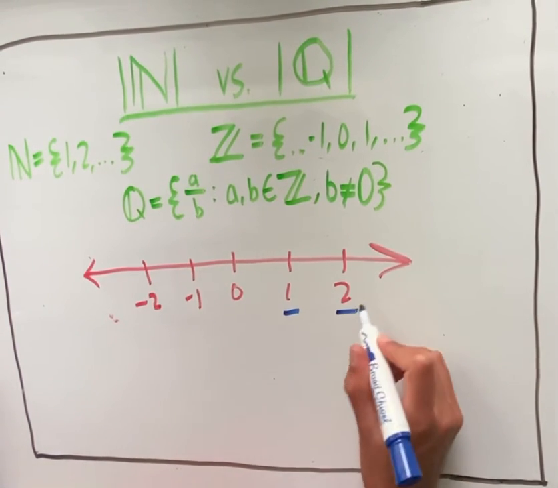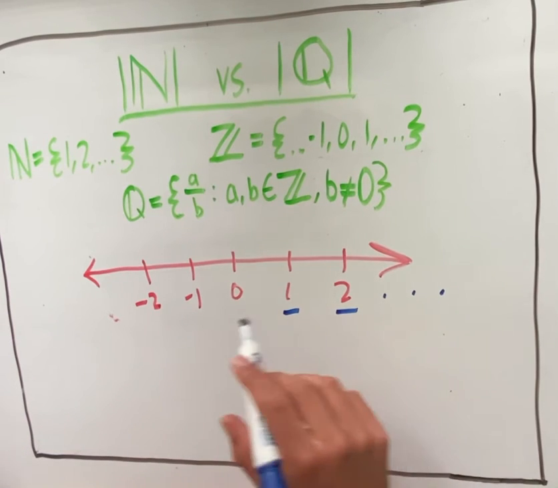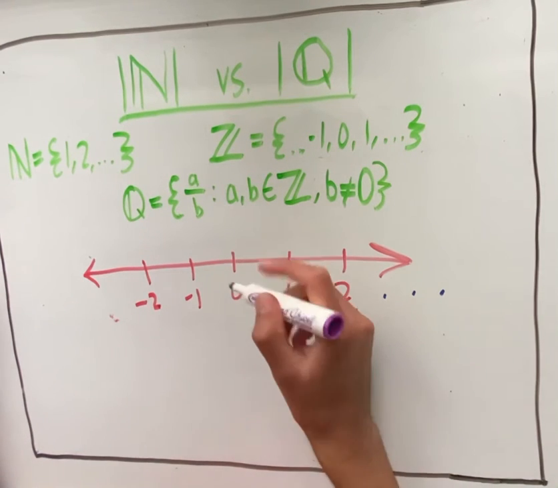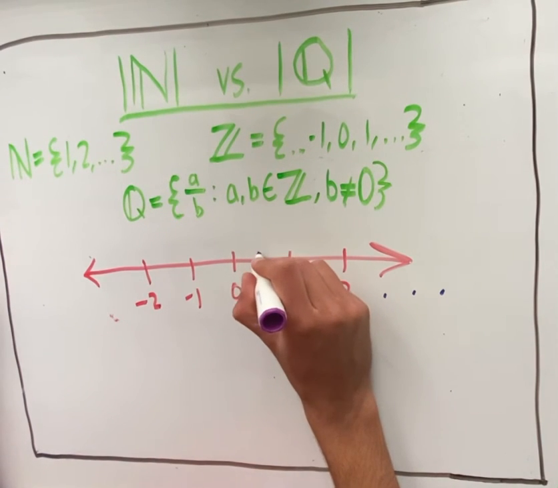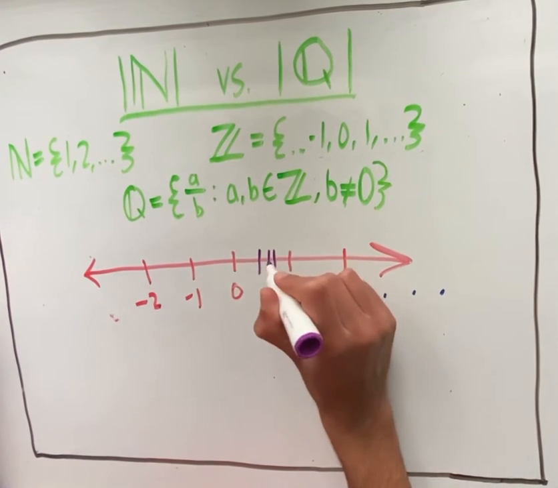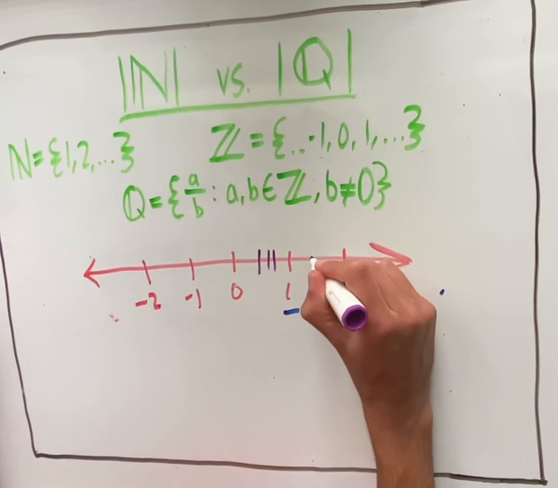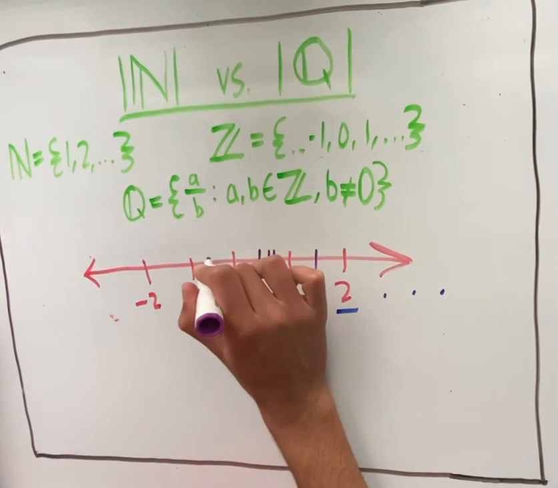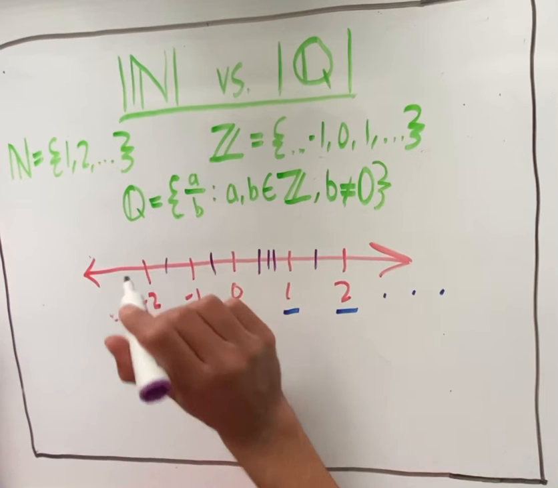We have 1 and 2 here, and it'll continue this way, evenly spaced forever. But now let's think a bit about the rationals. We have rationals between 0 and 1, 1/2 is an example, 2/3 is an example, 3/4 is an example. Then there's rationals over here, 3 over 2. There are negative rationals, minus 1 over 2, minus 3 over 2.